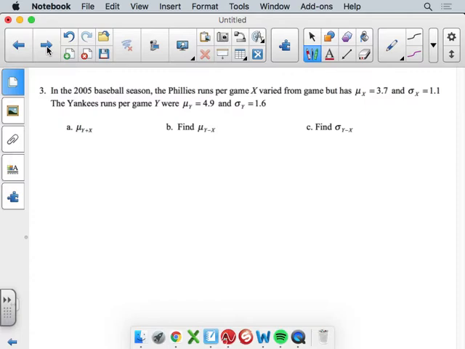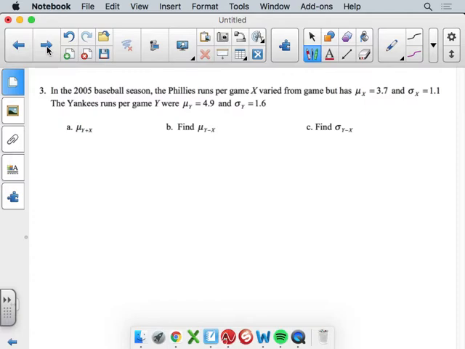Other thing, number 3. So we're going to skip number 2 and go to number 3. The other thing we talked about was combining these two means and standard deviations. We did a problem about these Jeep tours, where this brother and sister were doing these tours.